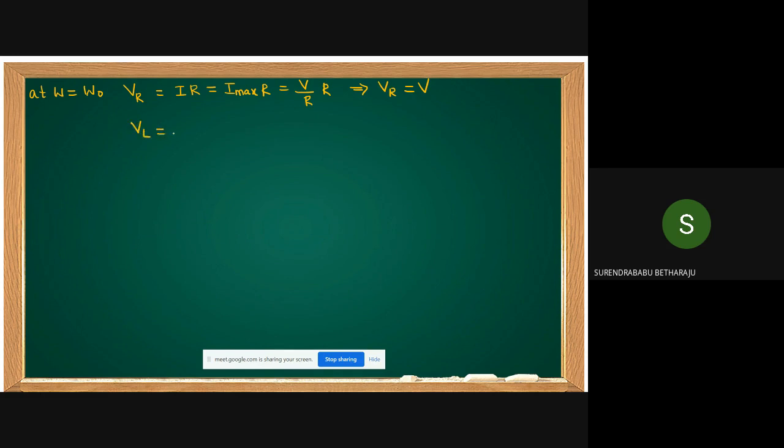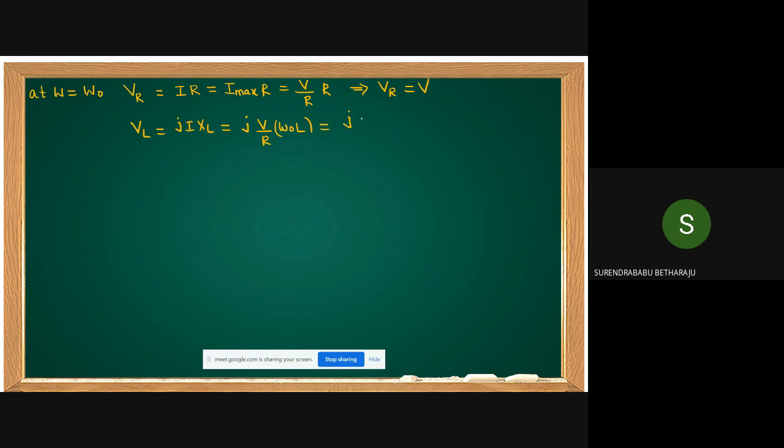VL equal to J into I into XL. I will write like this. J into I is V by R, XL is omega naught into L. Shall I write like this?